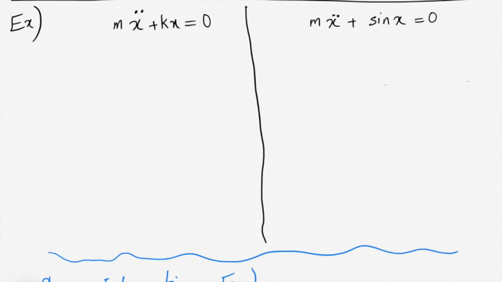So now we want to talk about this equation, which was about the simple harmonic oscillator, which we talked about. We wanna figure out whether it's linear or non-linear and what the order of it is.